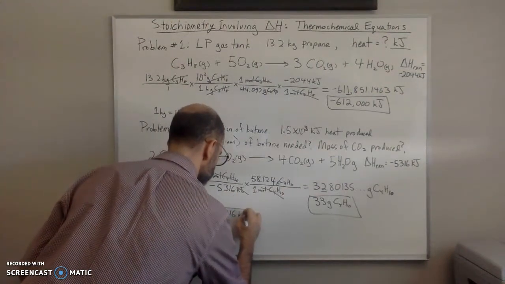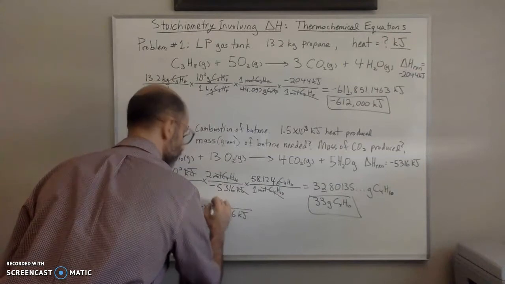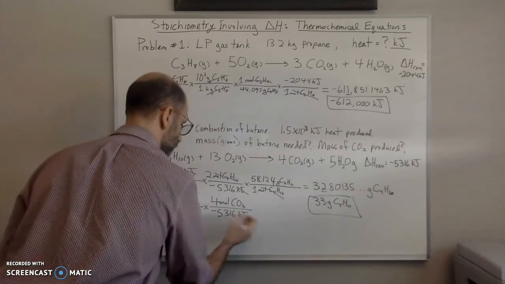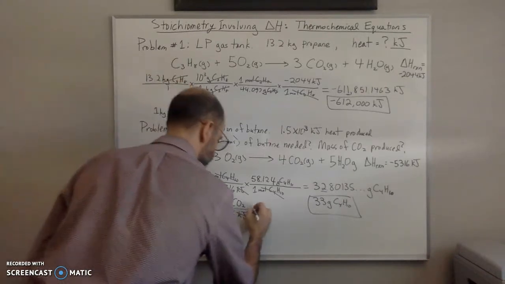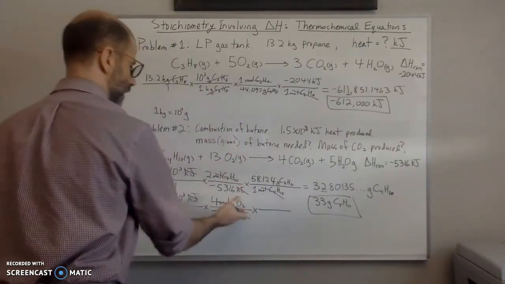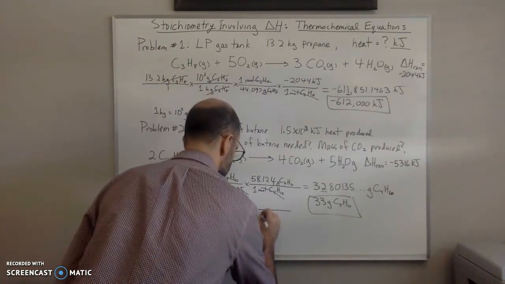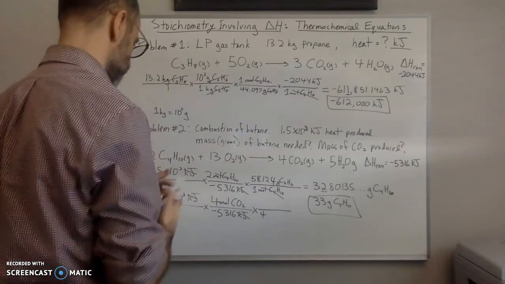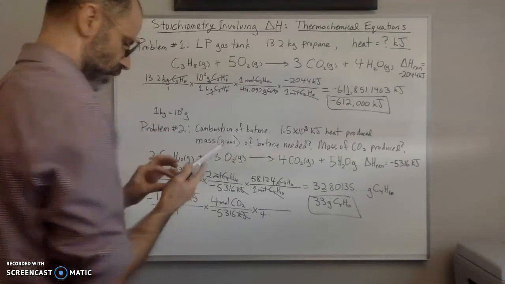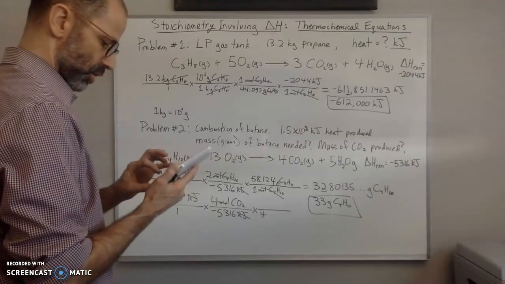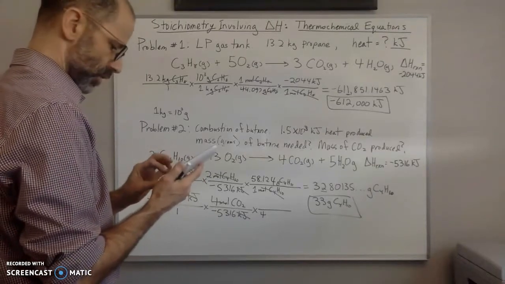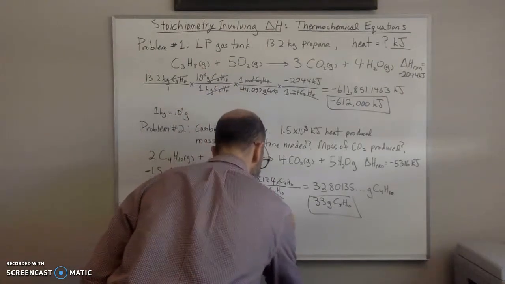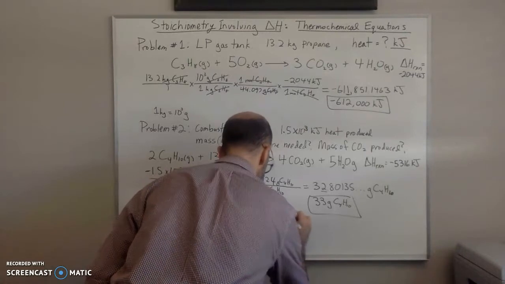So I have kilojoules of energy, that's going to be related to 4 moles of carbon dioxide. So kilojoules cancels out. Now I have moles of carbon dioxide, and now I can use the molar mass of carbon dioxide, which is, let me double check, 12.011 plus 32, yeah, 44.011 grams of CO2.